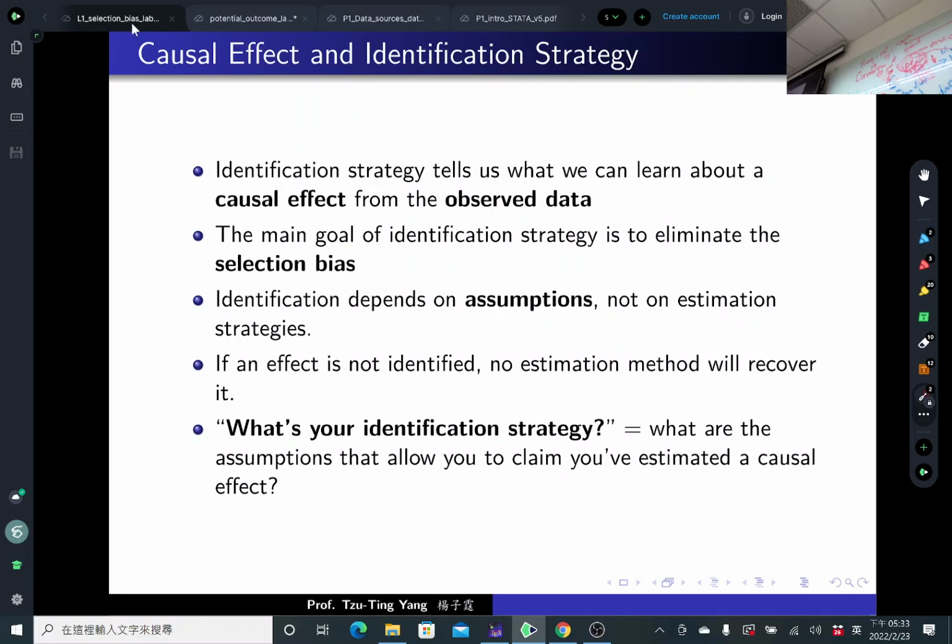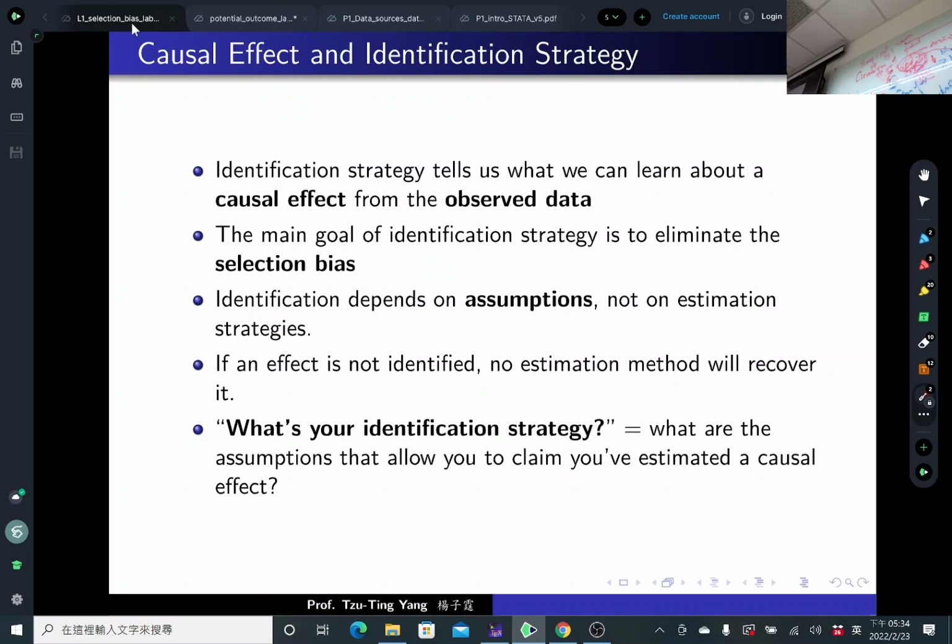One thing I would like you to know is that when you study statistics or econometrics, they mostly focus on the estimation strategy, not the identification strategy. An estimation strategy helps you estimate, for example, the coefficients. You can use many methods to estimate a coefficient, for example ordinary least squares (OLS), maximum likelihood (MLE), or GMM, generalized method of moments. These are estimation strategies.